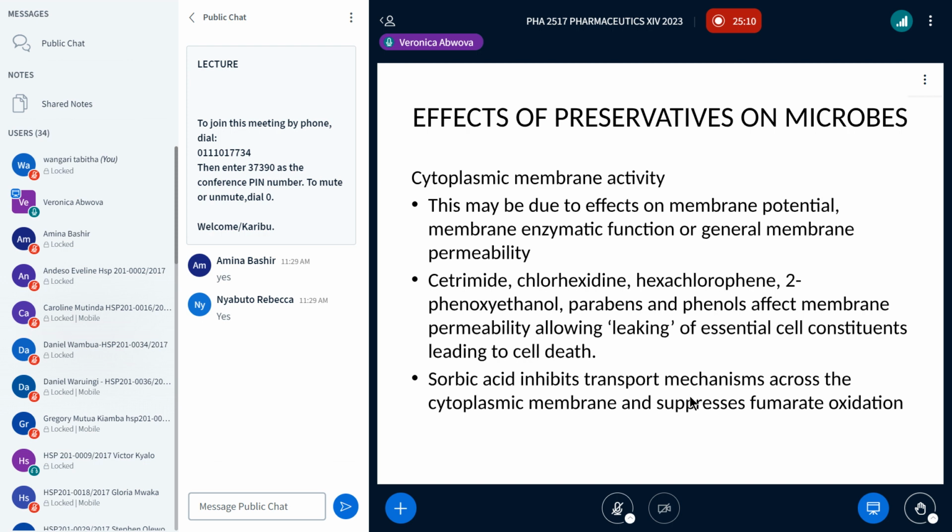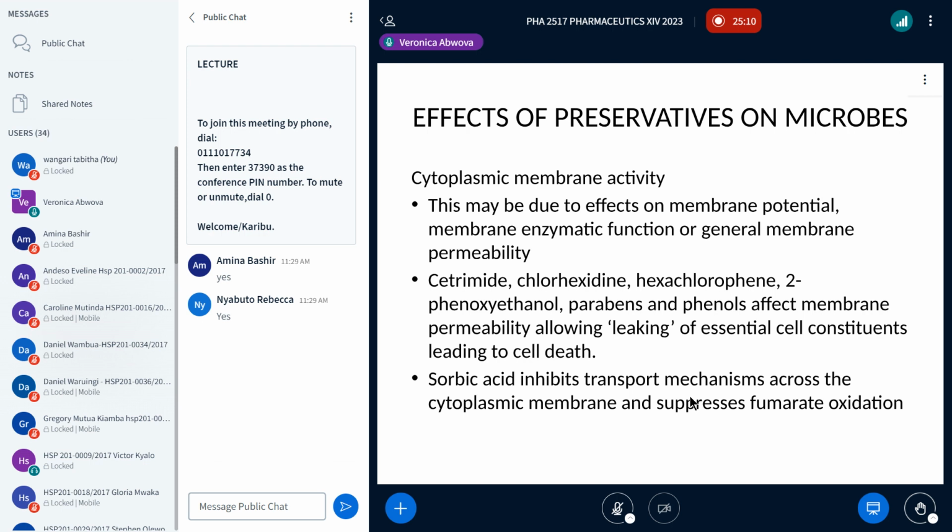Then cytoplasmic activity. This may involve uncoupling of oxidative and phosphorylation processes or interference with active transport mechanisms, as is the case with weak carboxylic acid and alcoholic preservatives. So again, remember we said if you interfere with energy generation, all activities requiring energy will fail.